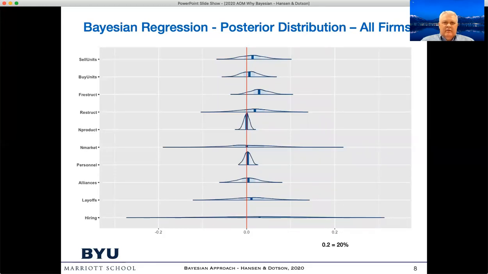And notice if you look at new products, for example, new products is centered right around 0. But if you look up 2 variables to financial restructuring, you'll see that that's positioned off to the right, suggesting that most of the time there's going to be a positive effect on performance of financial restructuring. Again, these are actual probabilities. This is the distribution of the probability.